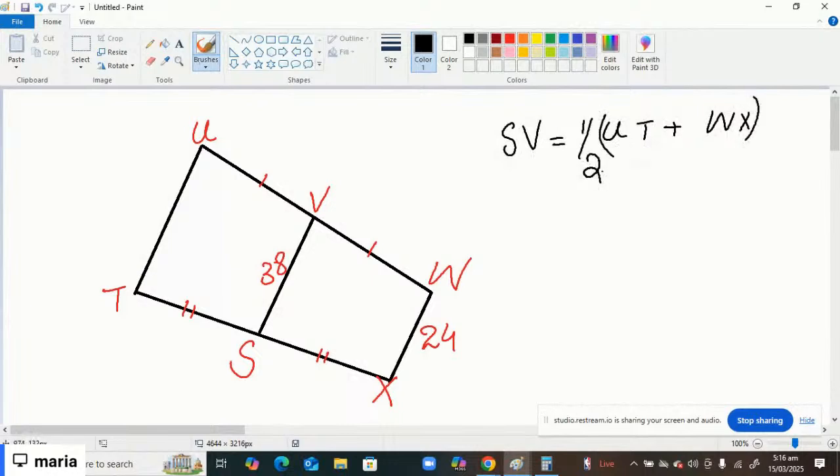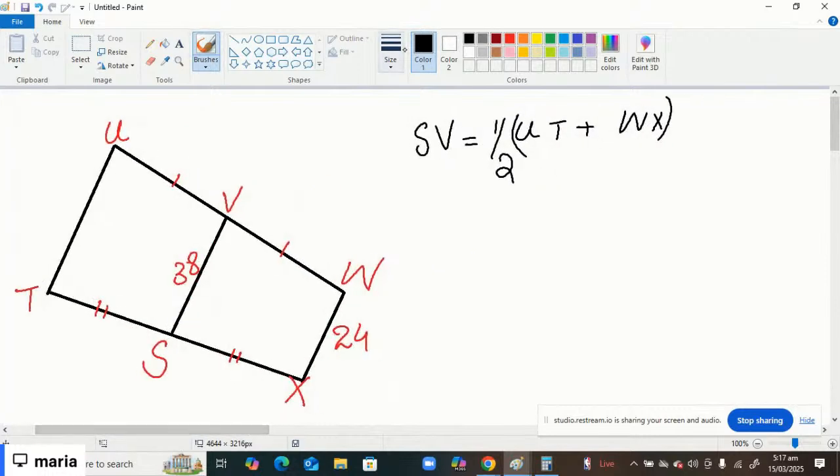This is basically the half sum of UT and WX. SV is given, that is 38, and WX is given, that is 24, and they are saying that this is the half sum of UT and WX. Now we are going to put the values and find the answer of UT, because these two lengths are given and we are finding the third length.